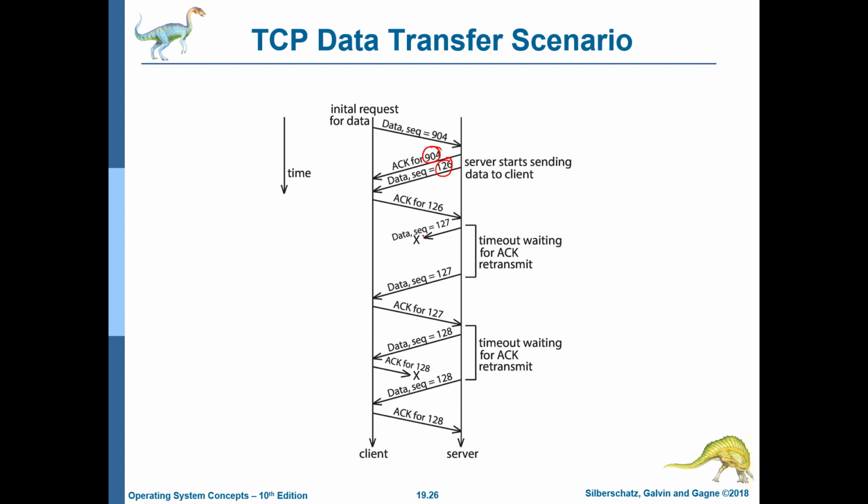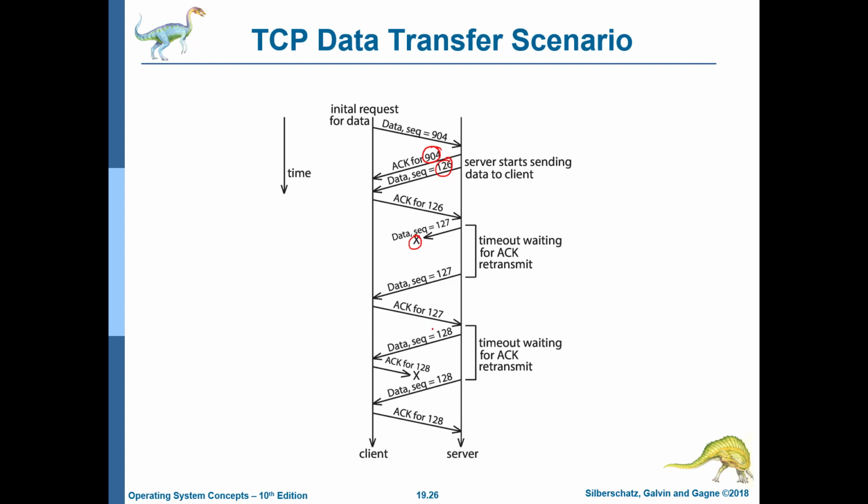But now assume that data with sequence number 127 gets dropped. So in this case, an ACK is not received. So basically, the server retransmits the same packet and then it receives an acknowledgement for it.